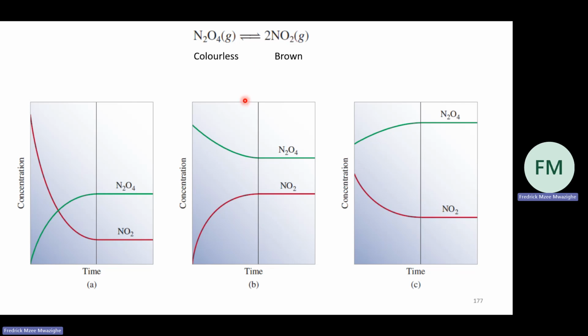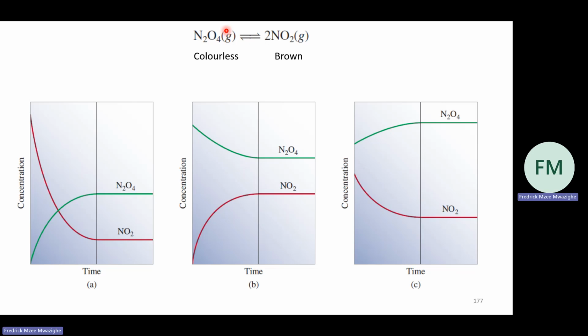And then the reverse reaction also is taking place at the same time. So we have the dissociation of N2O4 taking place to give us NO2, and then NO2 combining to give us N2O4. The forward and reverse reactions are taking place, and this continues until you reach a point where equilibrium has been established.